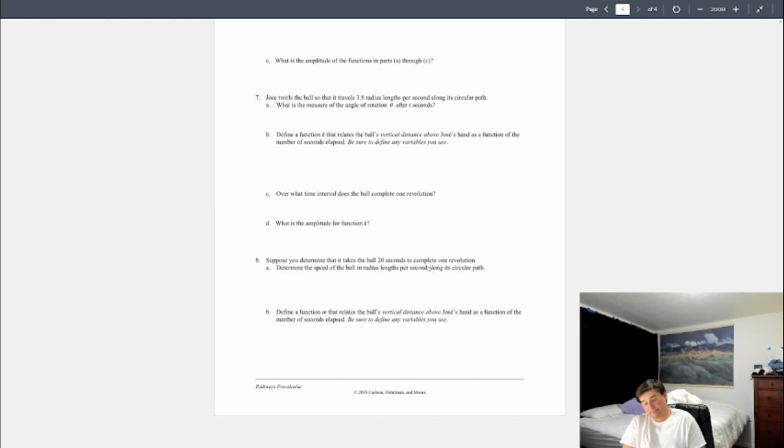Alright, how would I do that? 0.722 feet up top, down below seconds. I want to change what's up top. So maybe I just multiply a ratio of radius lengths to feet.